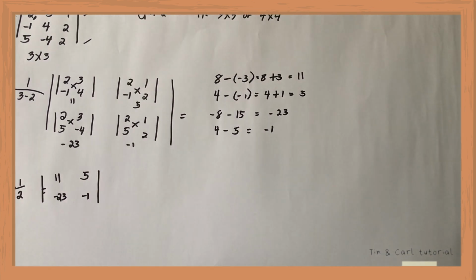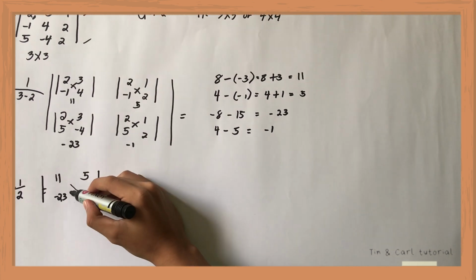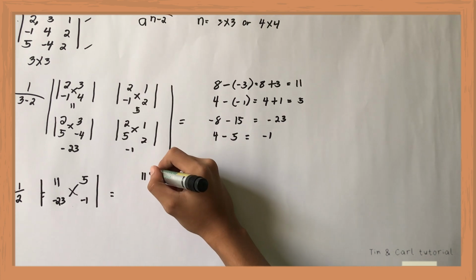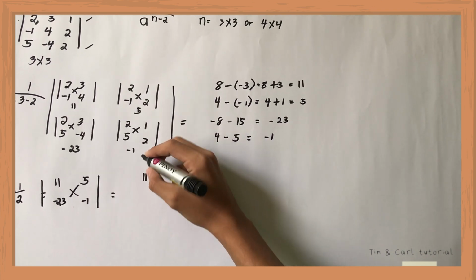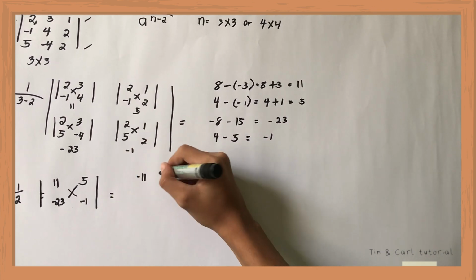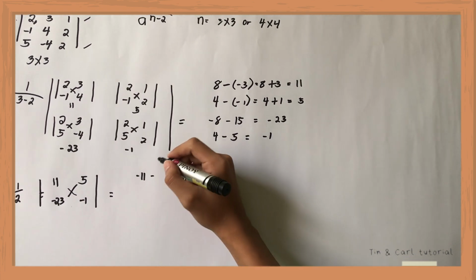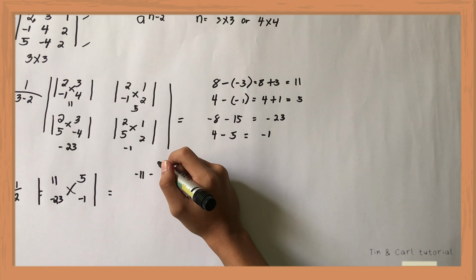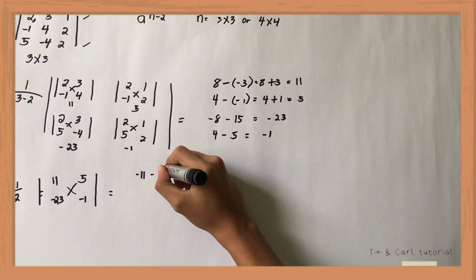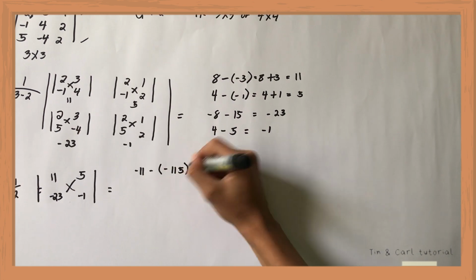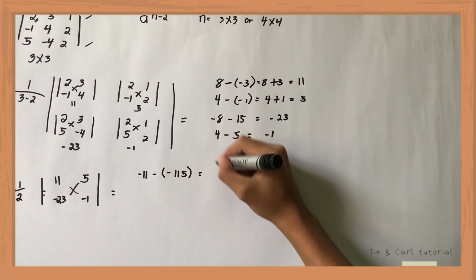Katapos nyan, i-cross multiply lang natin ulit itong mga to. 11 multiply by negative 1 is negative 11 minus 23 multiply by 5 is negative 115. So, magiging positive to.